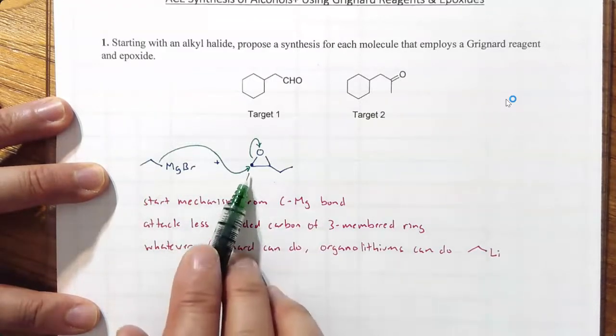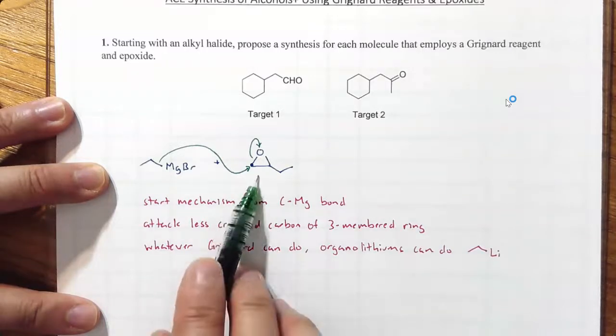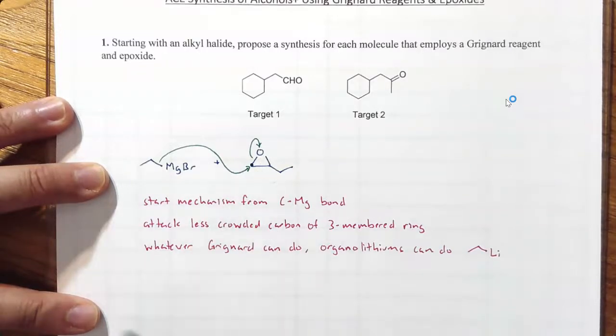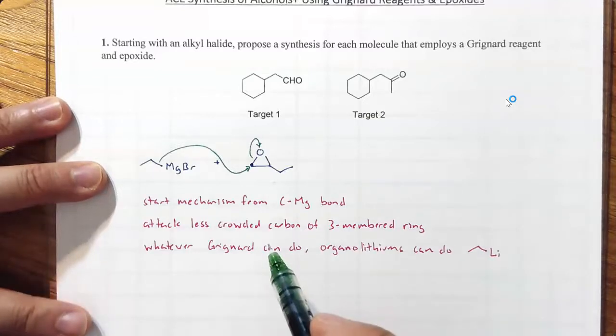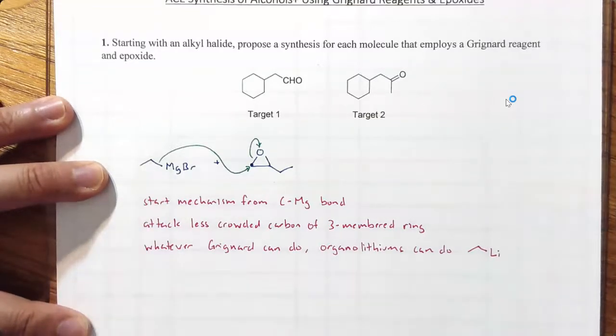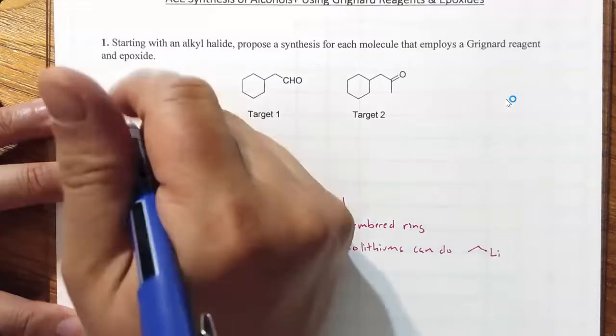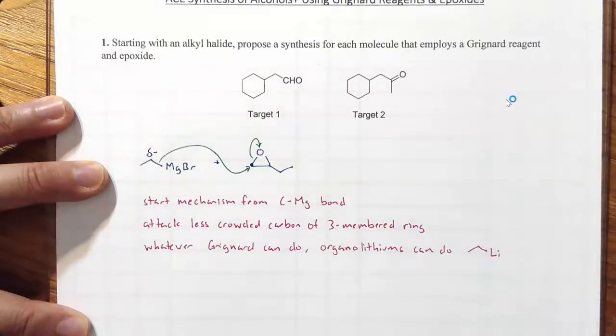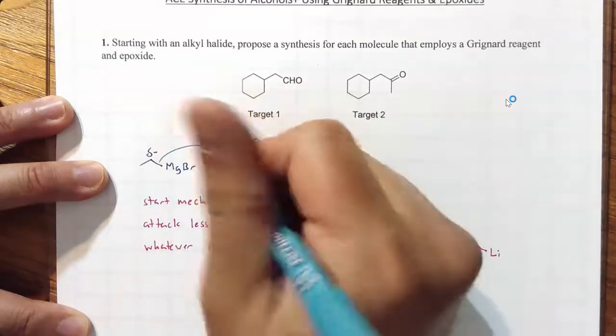We're going to attack the less crowded carbon of the three-membered ring of the epoxide. It's an attraction between two opposites. This carbon is partial negative, while this carbon is partial positive. This one right here.